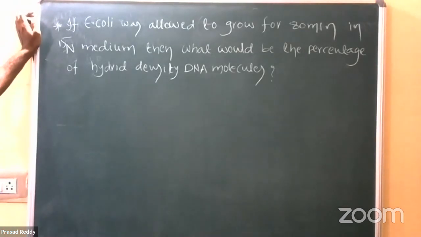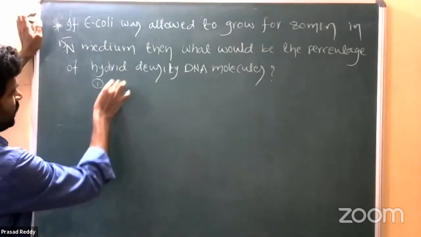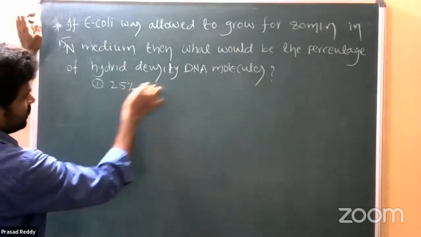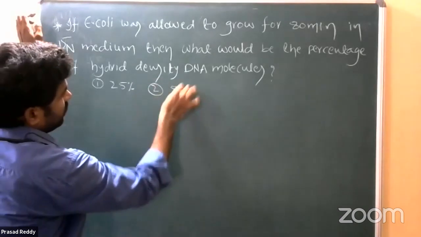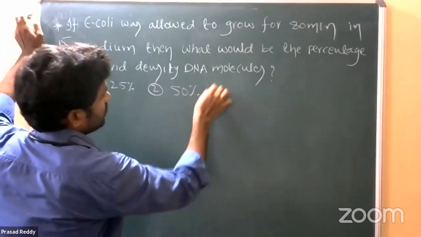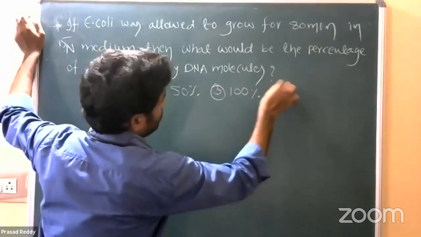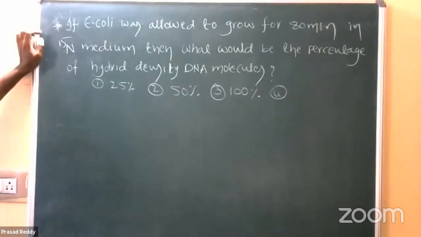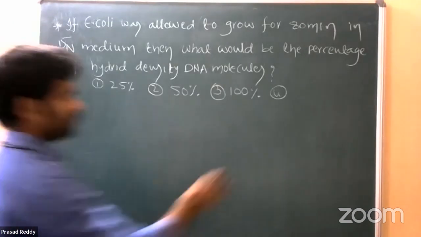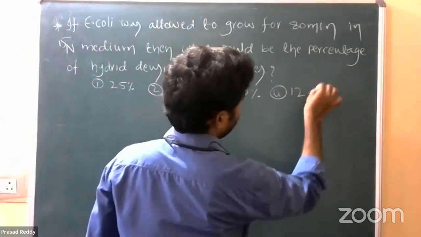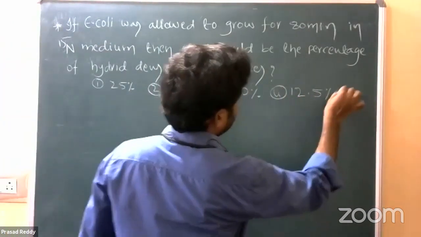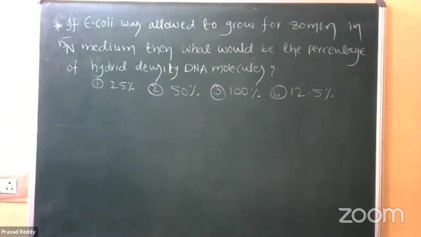Options: first option 25%, second option 50%, third option 100%, and fourth option 12.5%. So these are the options.